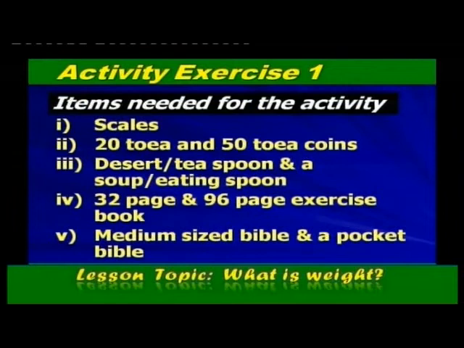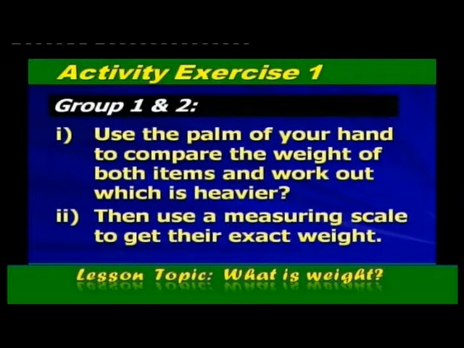Now, what I'd like you to do, listen carefully. You get the items, and for group 1 and group 2, you're going to use the palm of your hand to compare the weight of both items and work out which is heavier.